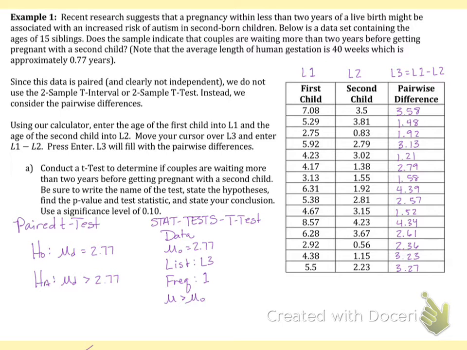And when we put this into our calculator, we get a test statistic of negative 0.4. That is not very remarkable. And we get a p-value that equals 0.65. That is a huge p-value.